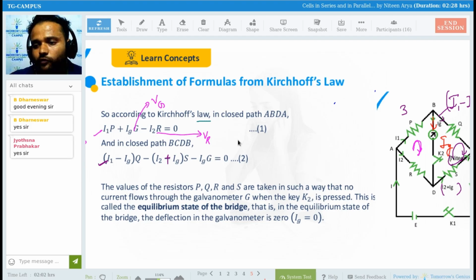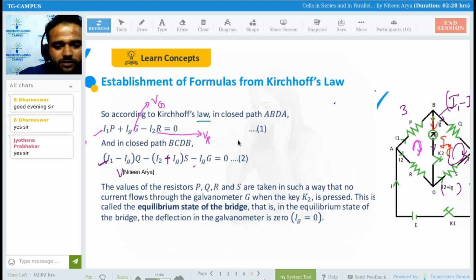But for this and for this, the current is flowing in the direction D to C, opposite to the loop direction. Again, D to B, opposite to the loop direction. That is why negative, negative.